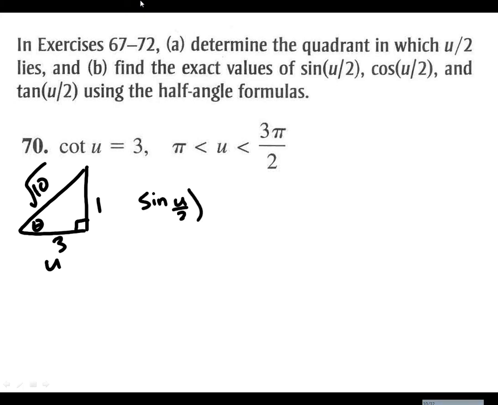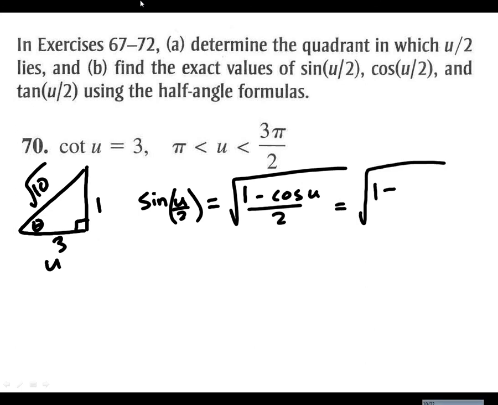Sine of u over 2 is going to equal the square root of, and for sine, it's 1 minus cosine u over 2. So the square root of 1 minus the cosine there, which is 3 rad 10 over 10, all over 2.